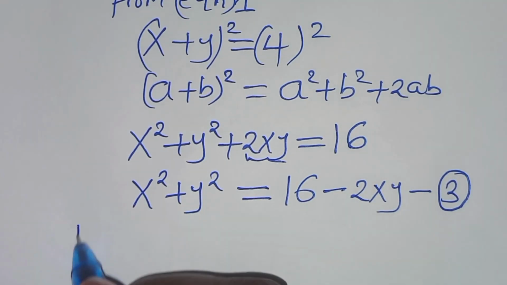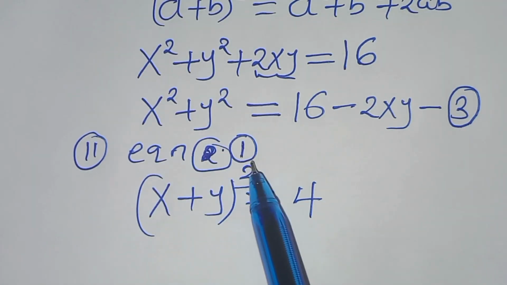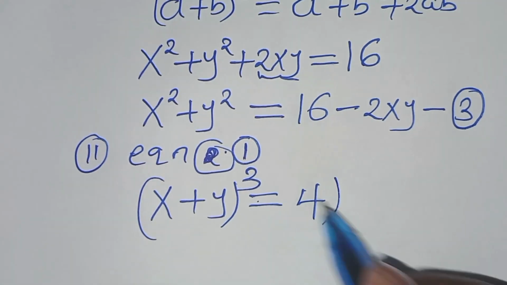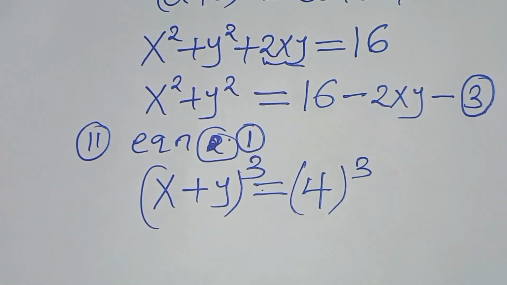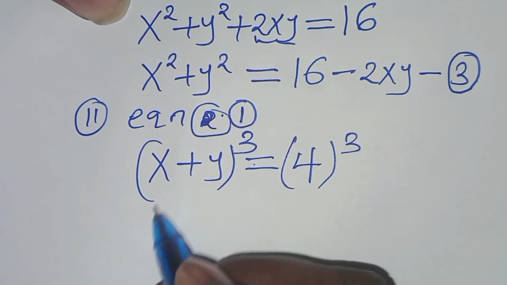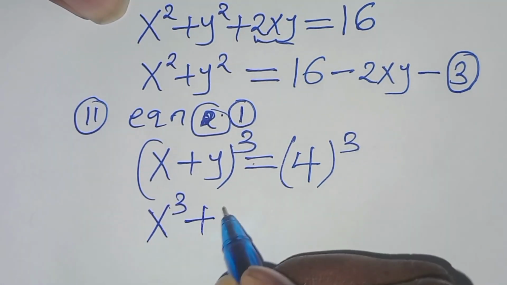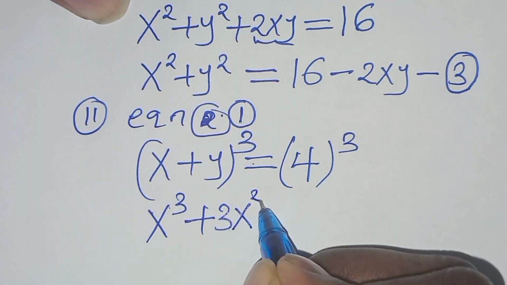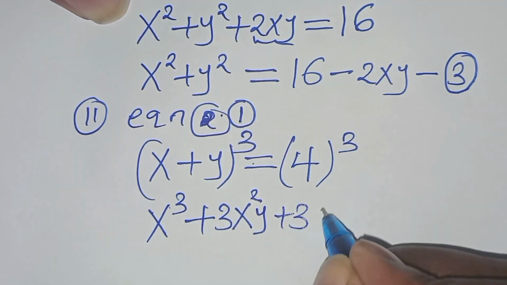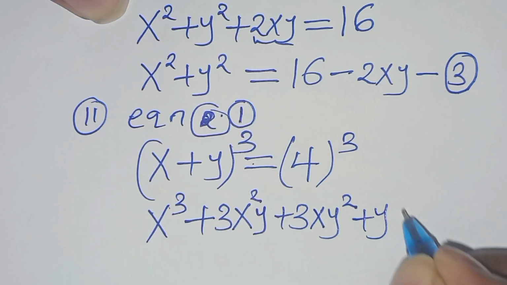Now the second step, from equation 1 again, which is x plus y, let's raise it to power 3, and we do this on both sides. So this implies we have x to power 3 plus 3x squared multiplied by y, plus 3xy squared, plus y to power 3.